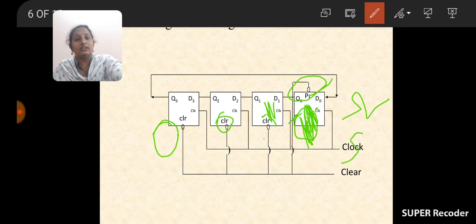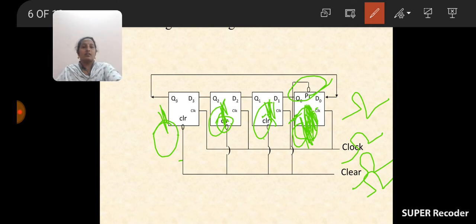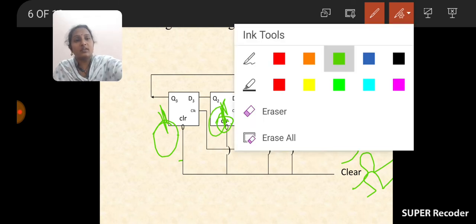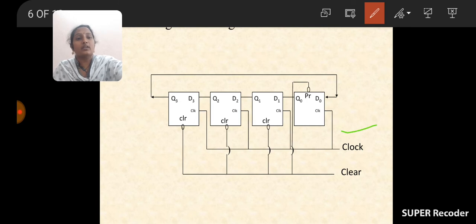And for the third clock pulse, this bit is transferred from Q1 to Q2, and the others are 0. And for the fourth clock pulse, this bit is transferred to Q3, and the other three are equal to 0. So in this way the bit is transferred from one stage to another stage.